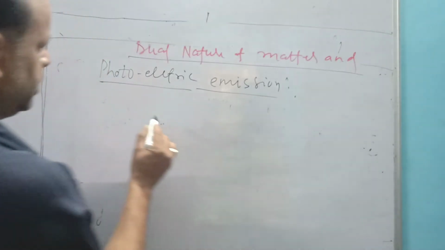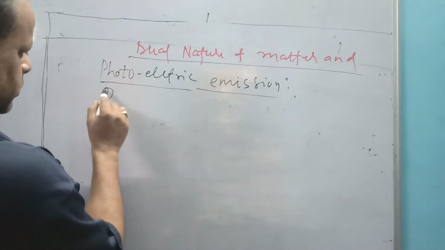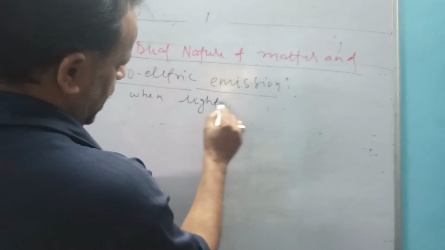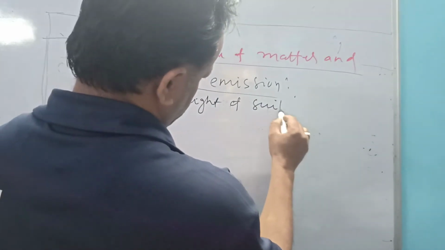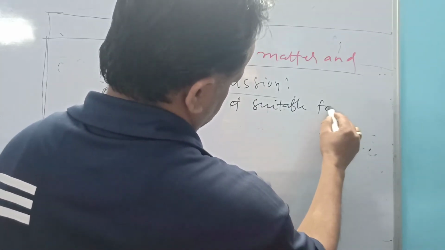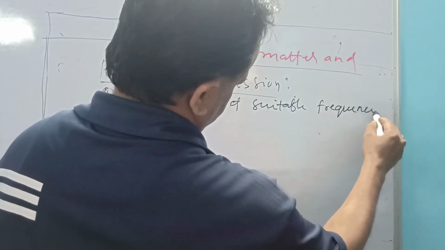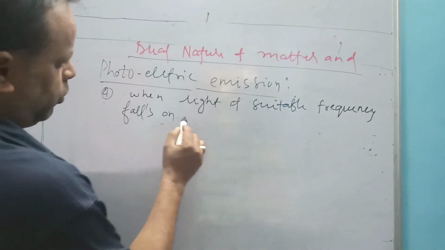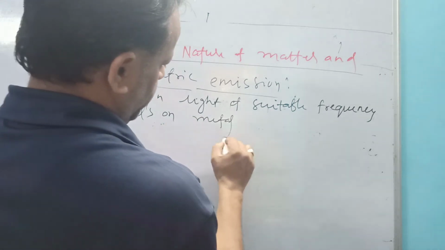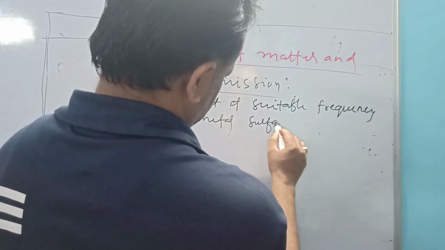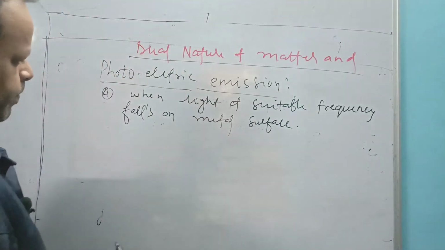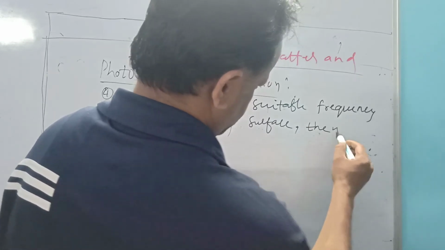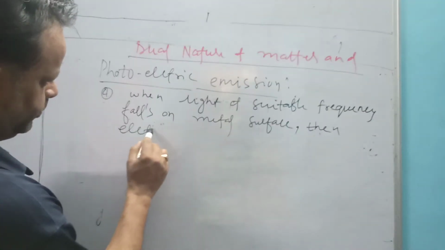We say that when light of suitable frequency falls on metal surface, then electron gets emitted.